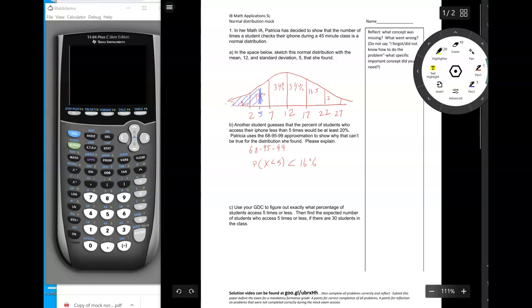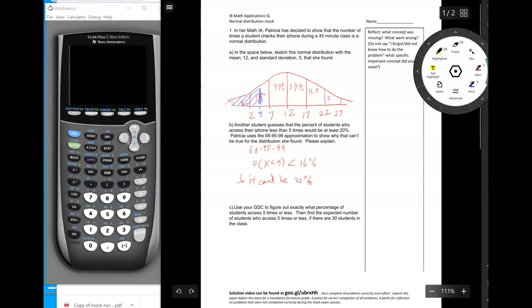So that's why it can't be 20%. Okay, so that's one way you can use 68, 95, 99 to verify or contradict some kind of claim, right? We didn't even need to put it in the calculator. We could already see that their claim was wrong.